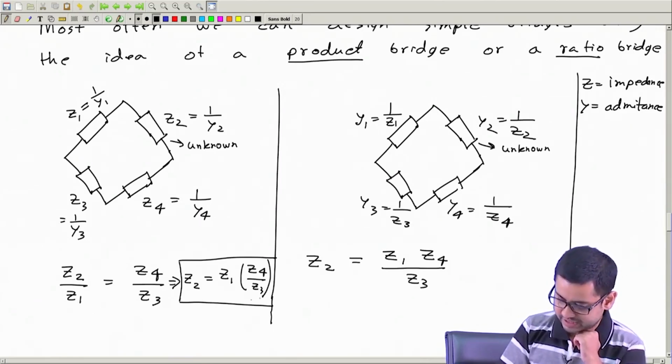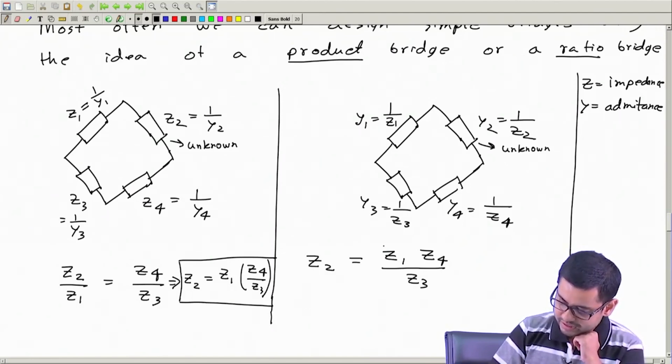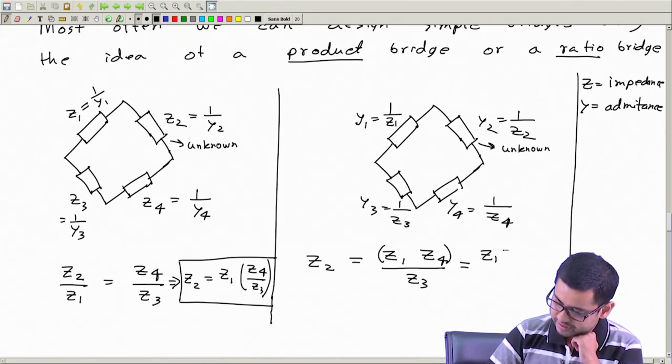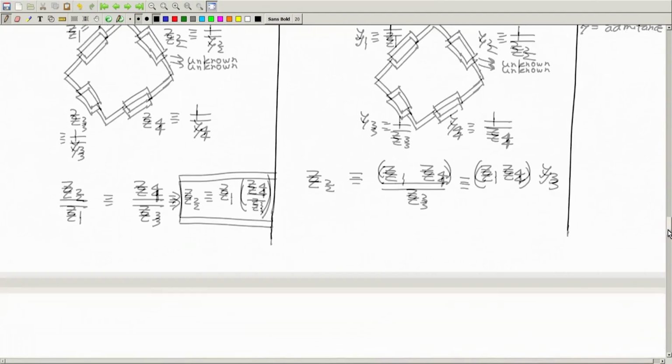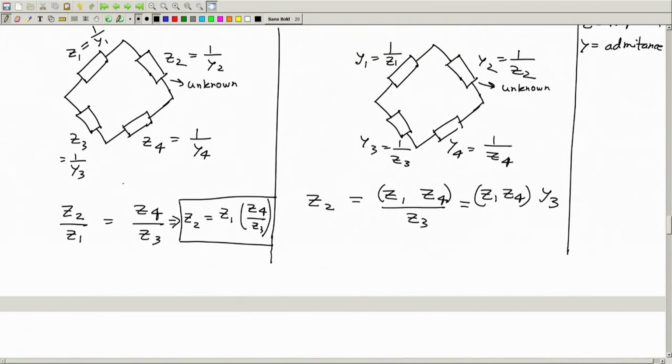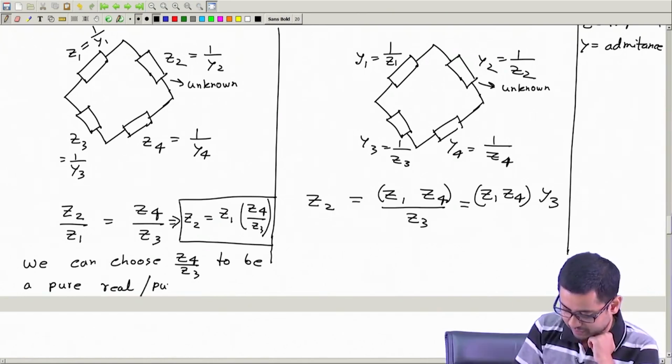This is true, this is the same equation. But this I can now write in terms of the admittance using this, Y3 is 1 over Z3. Now, if we choose, on this side we can choose this factor Z4 by Z3 to be a pure real or pure imaginary number.